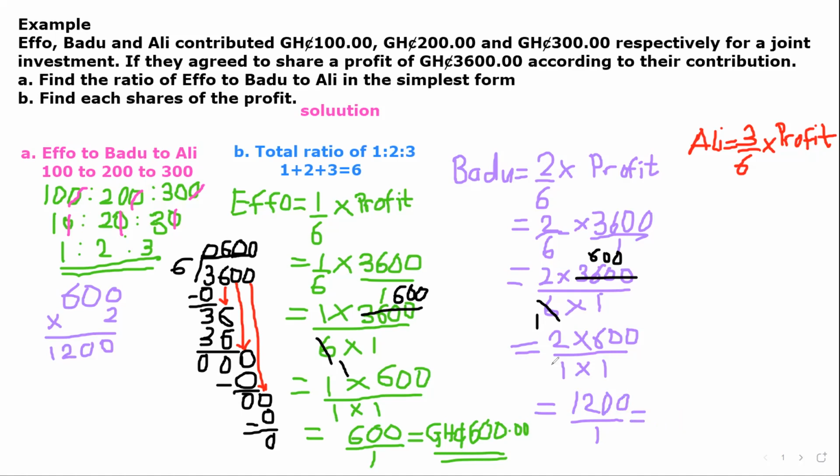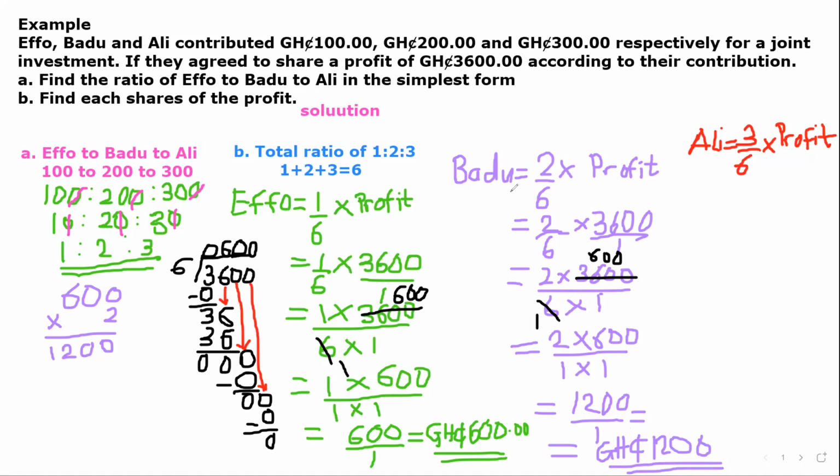Let me write it down here. That is 1,200. Okay, good. Now let's see Ali.